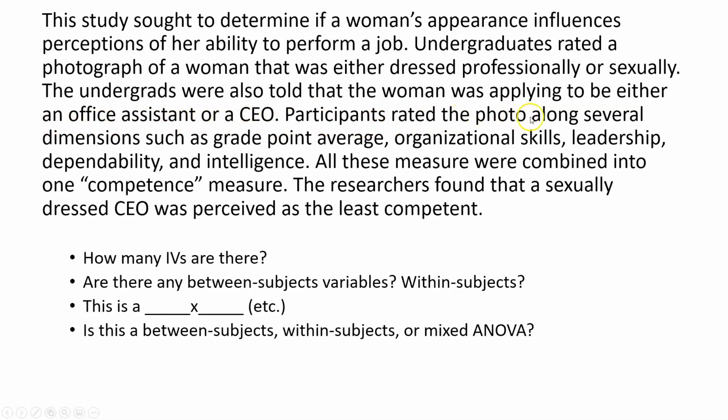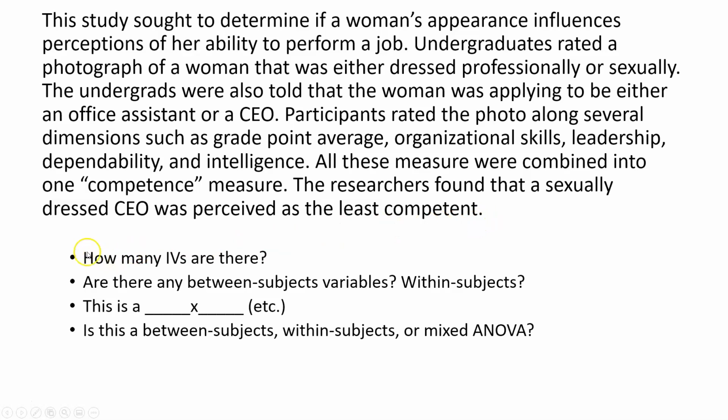Participants rated the photo along several dimensions such as grade point average, organizational skills, leadership, dependability, and intelligence. All of these measures were combined into one competence measure. And the researchers found that a sexually dressed CEO was perceived as the least competent.